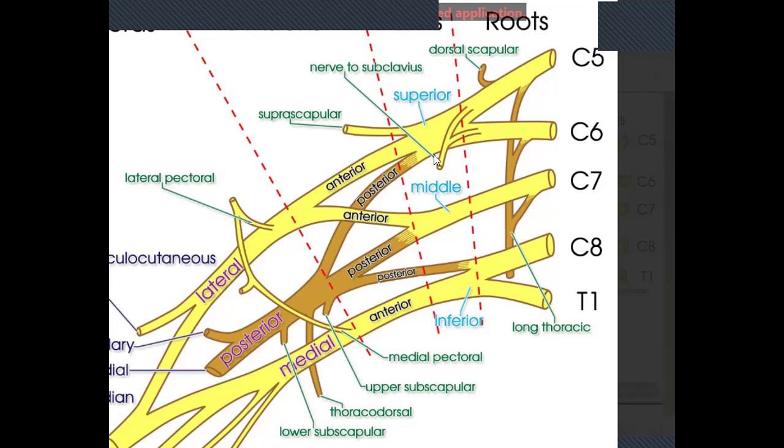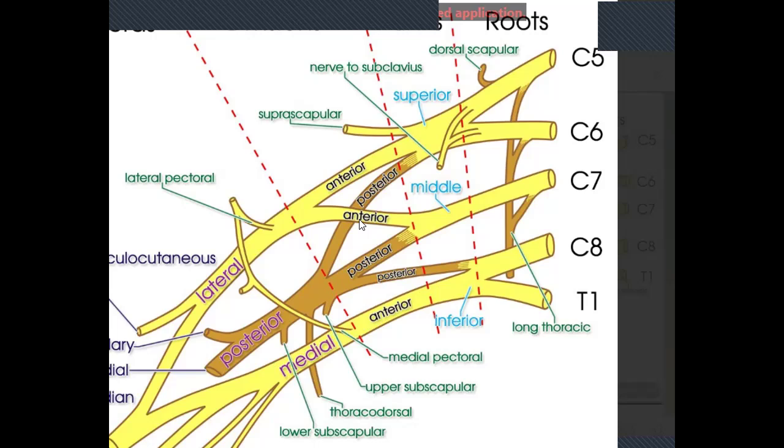Then if you look at the anterior divisions, the anterior part of the superior trunk unites with that of the middle trunk to form the lateral cord. It is called lateral, as I told you, because of its relation with the axillary artery. The anterior part of the lower or inferior trunk continues to form the medial cord.